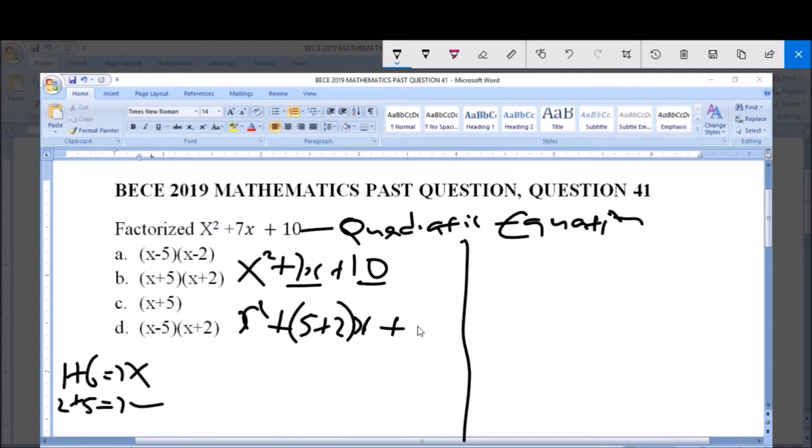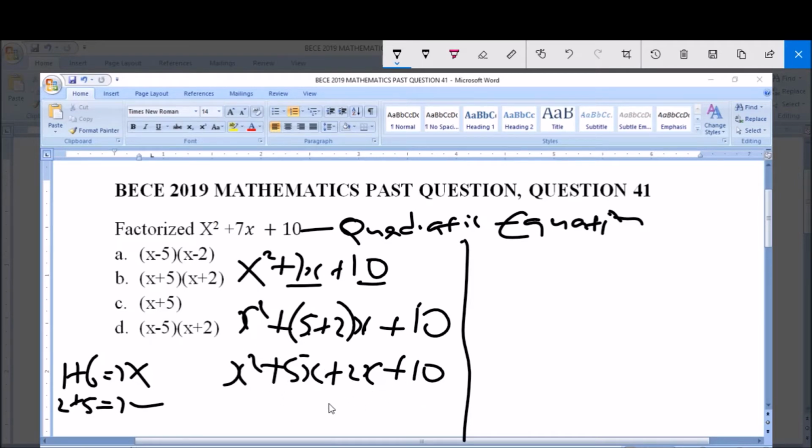So plus 10, because 5 times 2 will give us 10. And so therefore we have x squared plus, now we're opening this bracket, 5 times x will give us 5x, plus 2 times x will give us 2x, plus 10. So we have x squared plus 5x plus 2x plus 10.